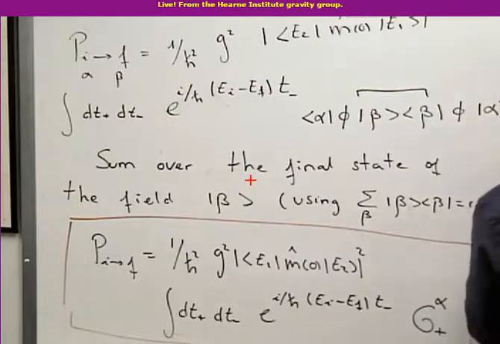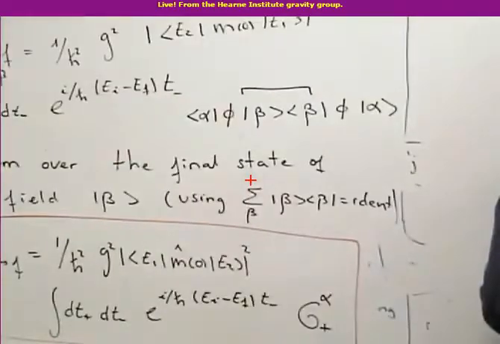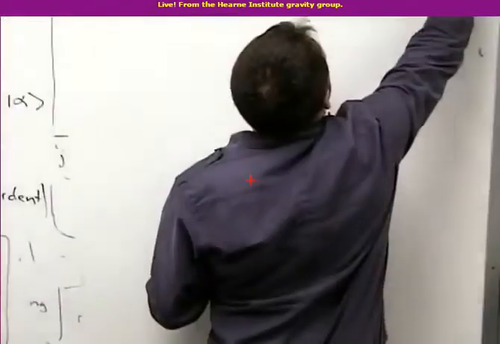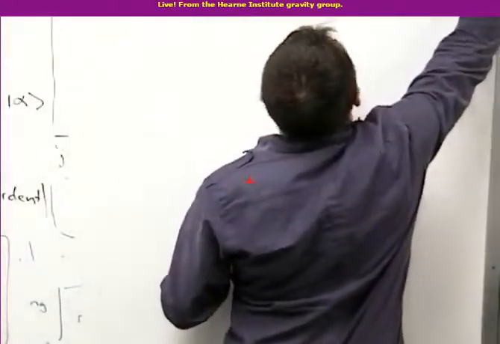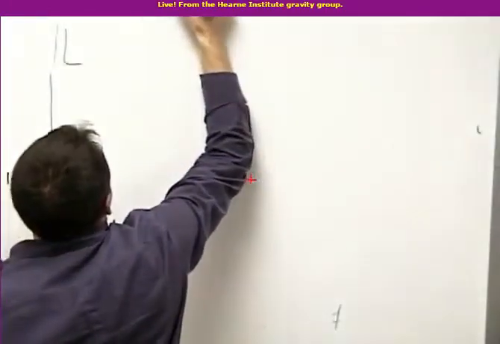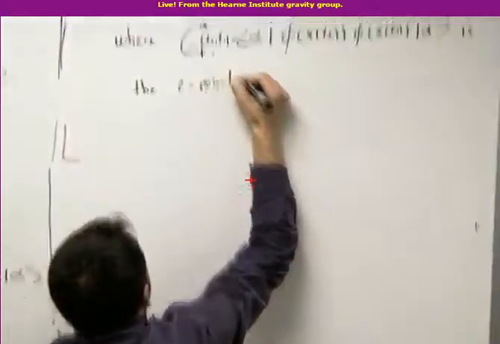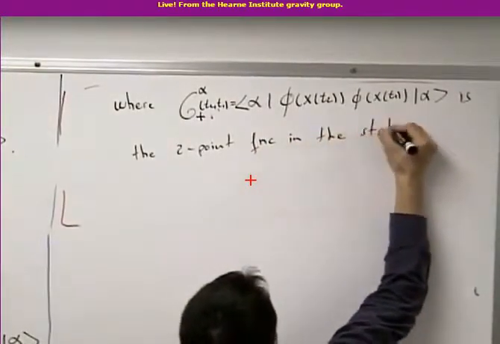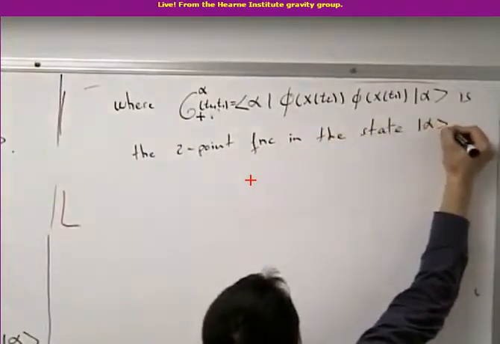It really depends on T2 and T1. It is the 2-point function in the state alpha.